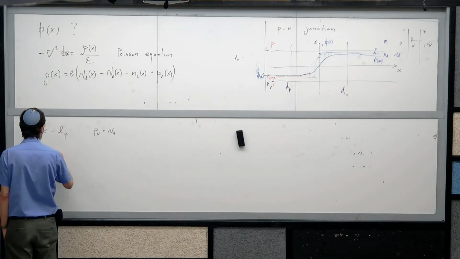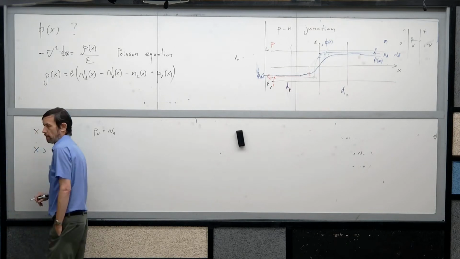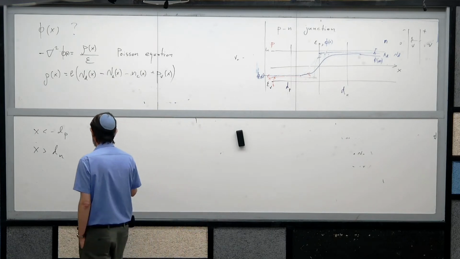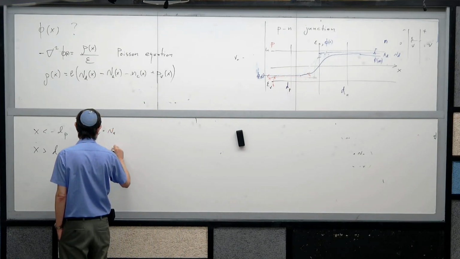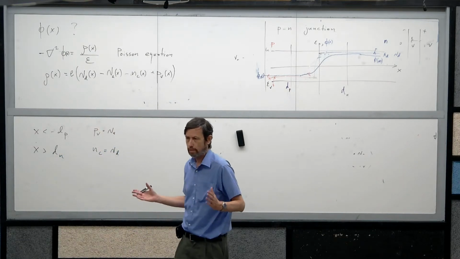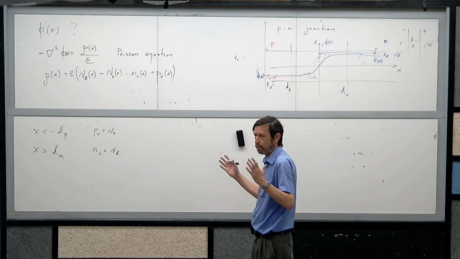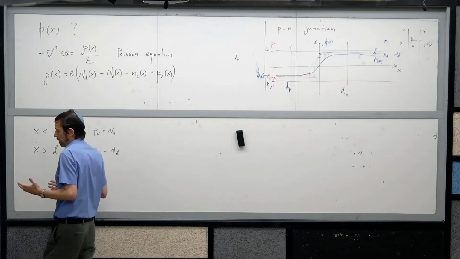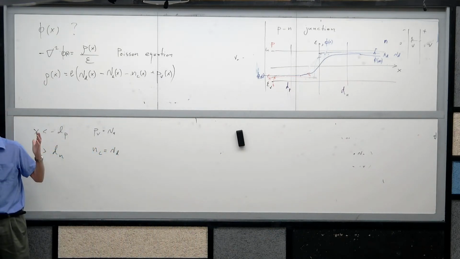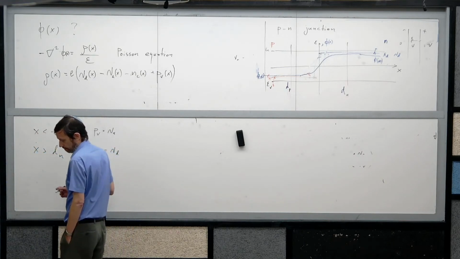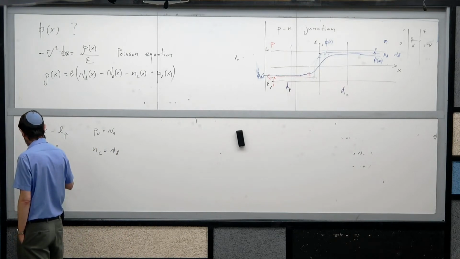Not surprising. The behavior to the right, in this case, will be NC equal to ND. It's a simplified assumption that from that point on, it's as if you have an infinite semiconductor with just acceptors or donors. The interesting thing is of course happening in between.